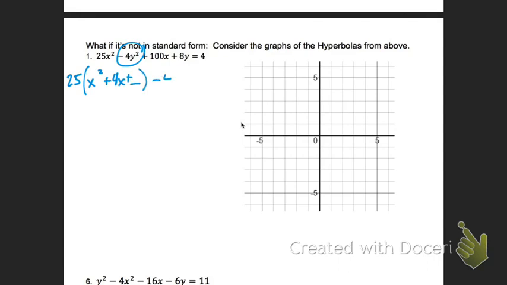Then I pull out a negative 4. y squared, what comes next? Minus 2y plus blank equals 4 plus blank plus blank. Okay, I want you guys to finish the rest.